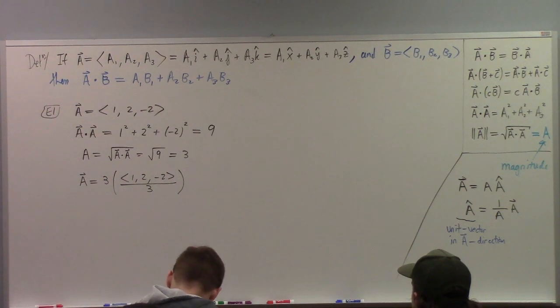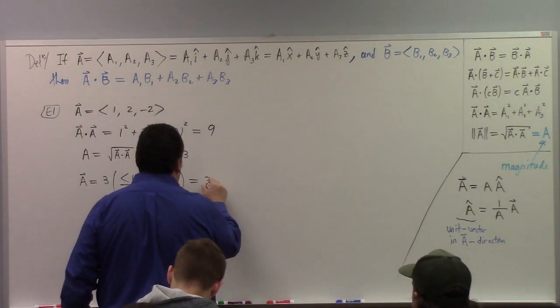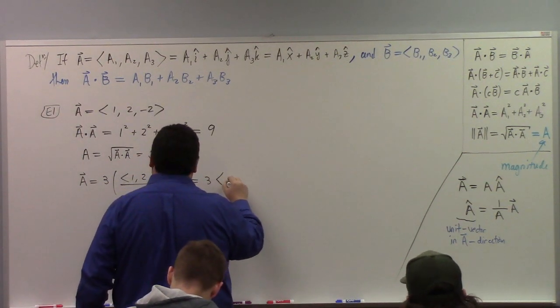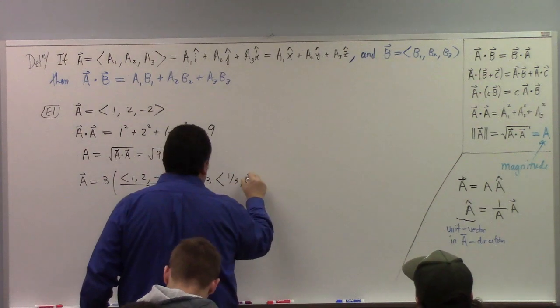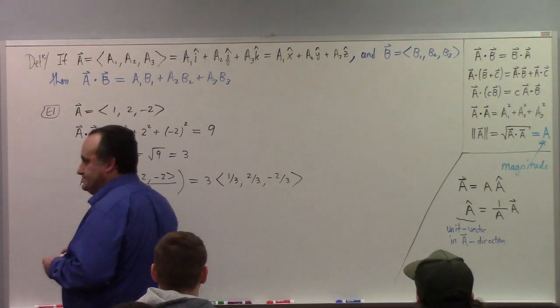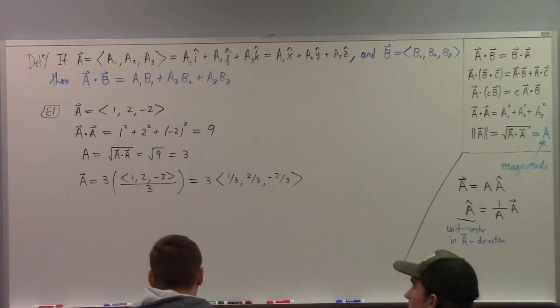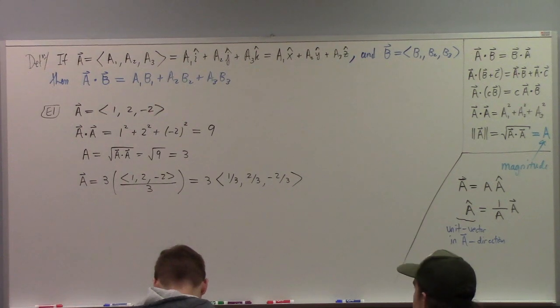The vector I just wrote in parentheses, which of course I could simplify if I wanted to, I could rewrite as 3 times the vector (1/3, 2/3, -2/3). That is a unit vector. Do you believe me? Let's check.